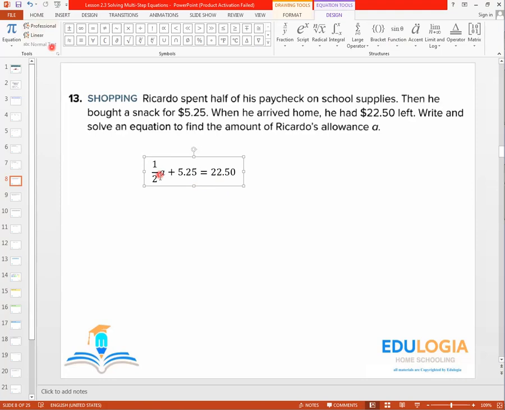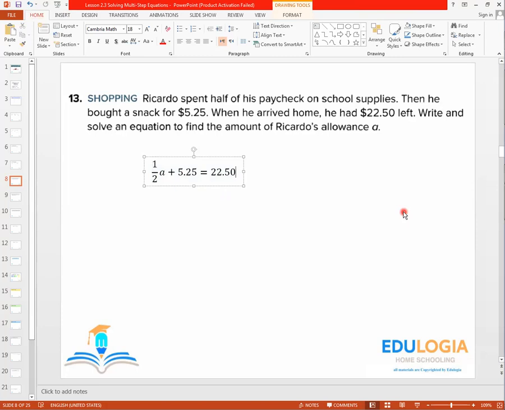To solve this problem, we have many steps. First of all, we have here half of A equals, in the right we have 22.50 minus, in the left we have 5.25.